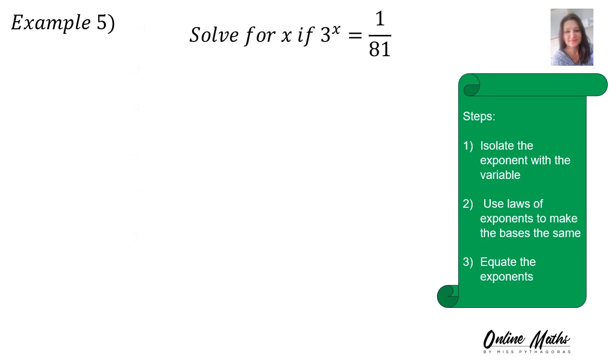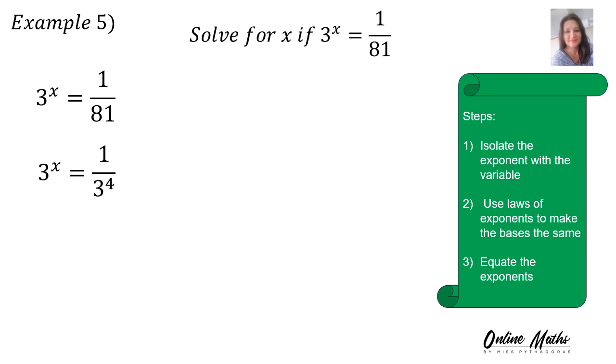Example 5. Solve for x if 3 to the x is equal to 1 over 81. Now on this one, you will have to convert the 81 into prime factors first. Therefore, you can say that 81 is equal to 3 to the power of 4.